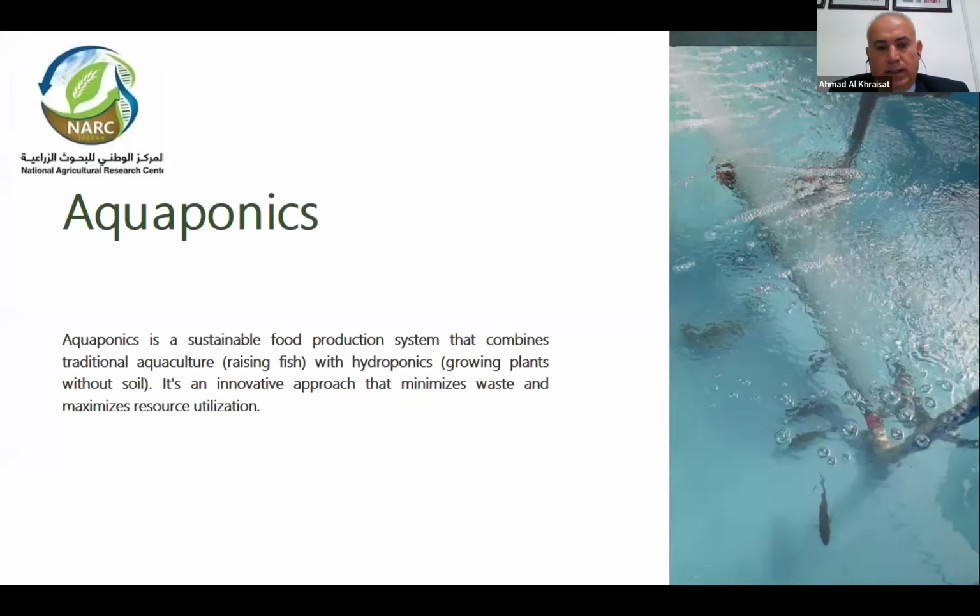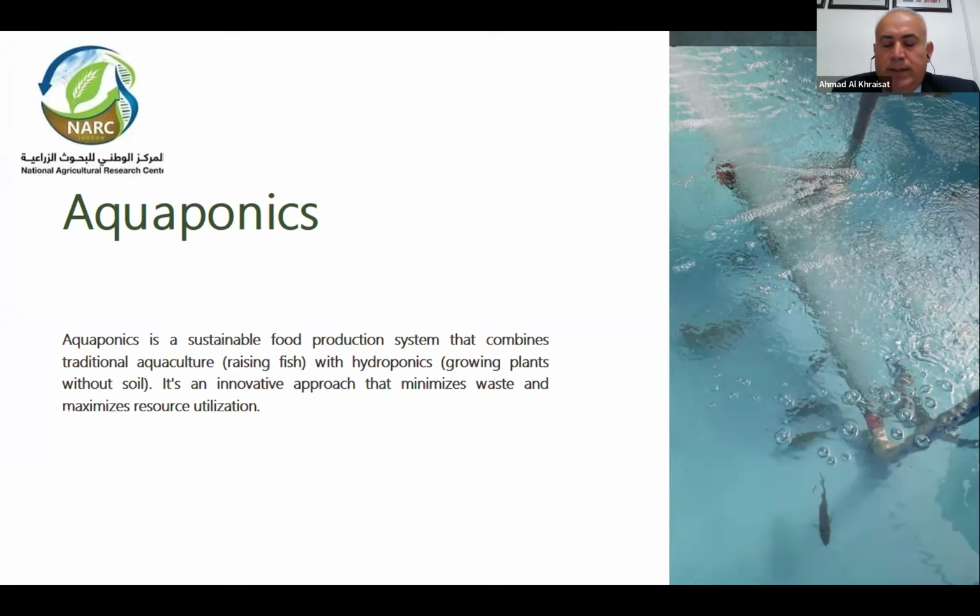We are talking about aquaponics. Aquaponics combines fish and plants together, growing plants without soil.